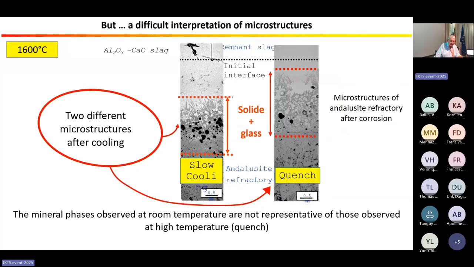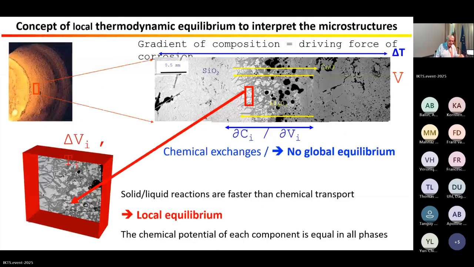And we observe that these two microstructures are different because we have recrystallization and transformation during cooling. Consequently, the information is very limited. But the concept of local thermodynamic equilibrium allows us to interpret the microstructure.